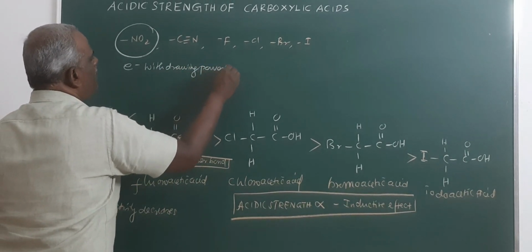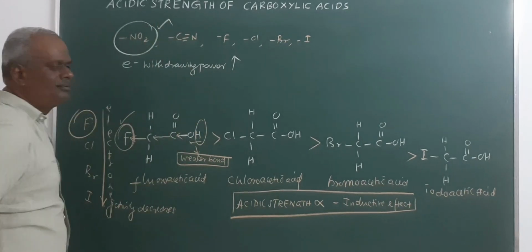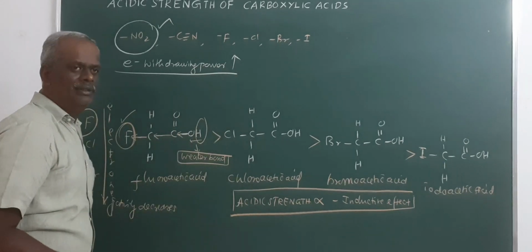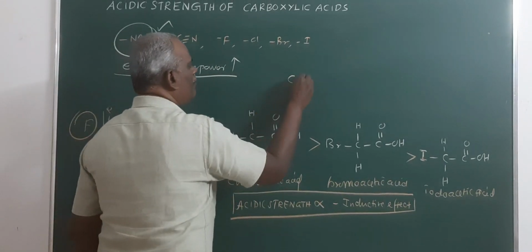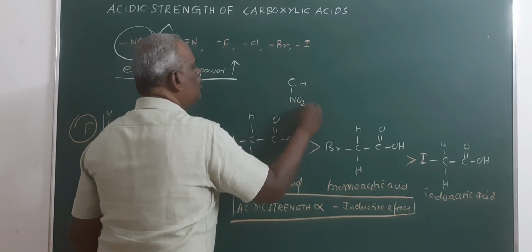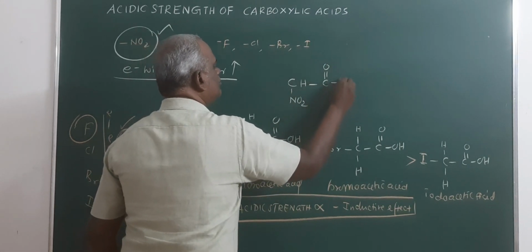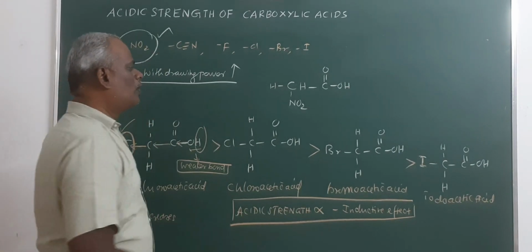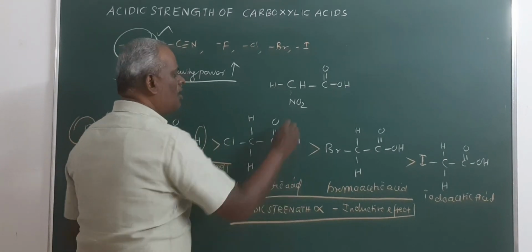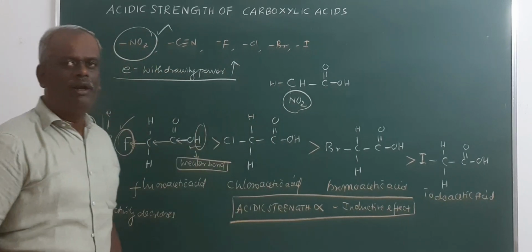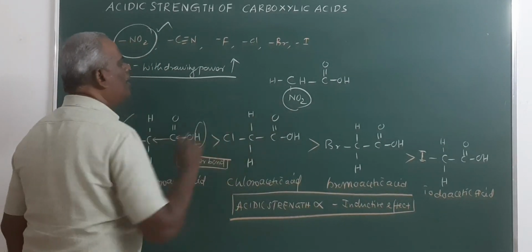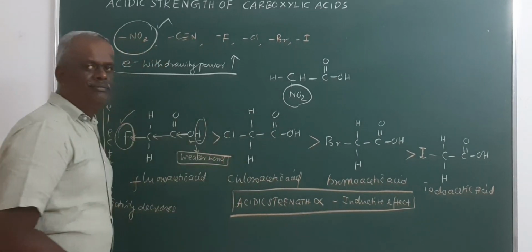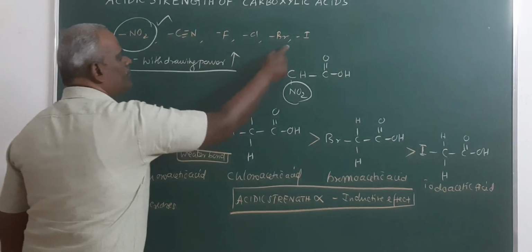So if it is substituted in any carboxylic acid, for example, if I write the NO2 group in the case of acetic acid, nitro substituted acetic acid, the strongest electron withdrawing group is available. And when you have such an NO2, it would be the strongest acid rather than the other substitutions.